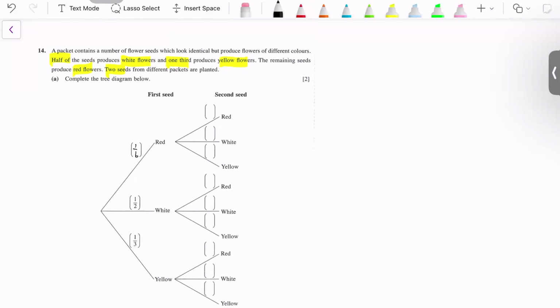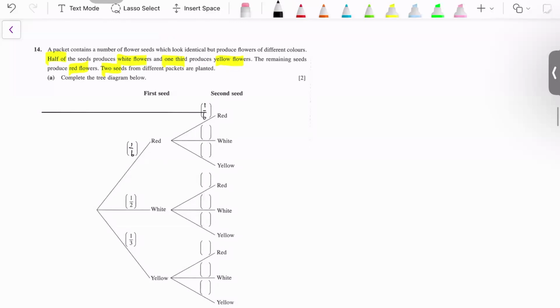So in this case, the first seed has this probability, and the second seed, since it's from a different packet, ultimately has the same probability.